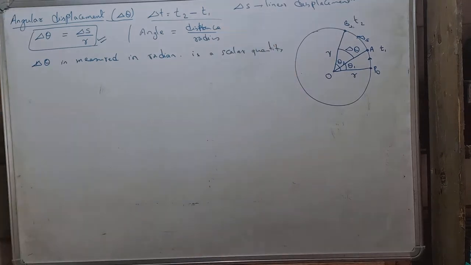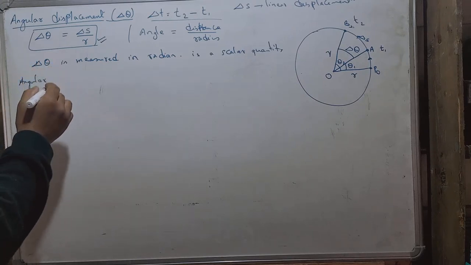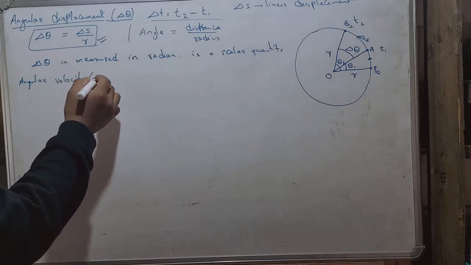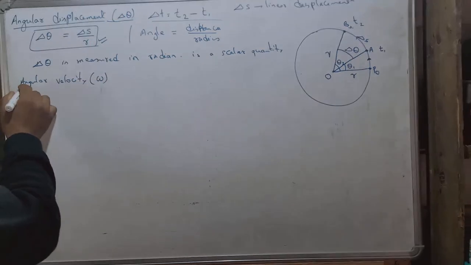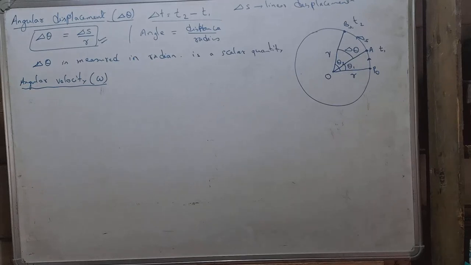Next is angular velocity. We denote angular velocity by omega. Sorry, this is not w, this is known as omega. Now how do we define angular velocity?